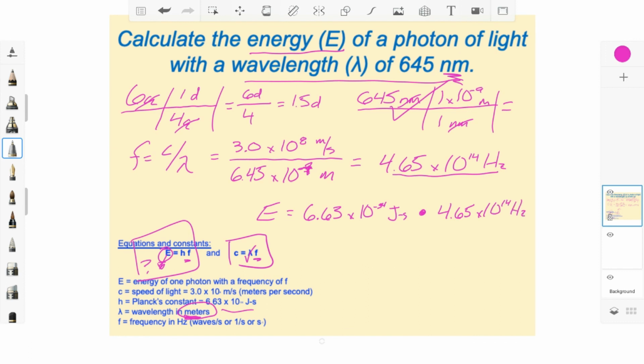And we simply need to plug that into our calculator. Again, be careful of using the E and scientific notation. But when you plug this in, you should get a number. And our unit is joules.